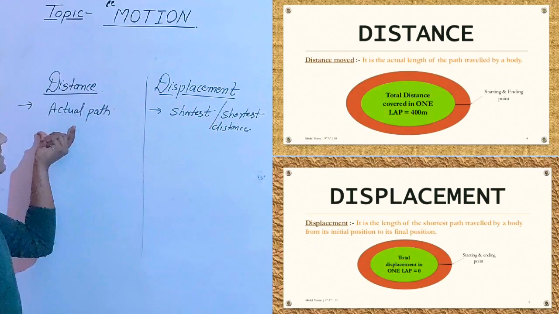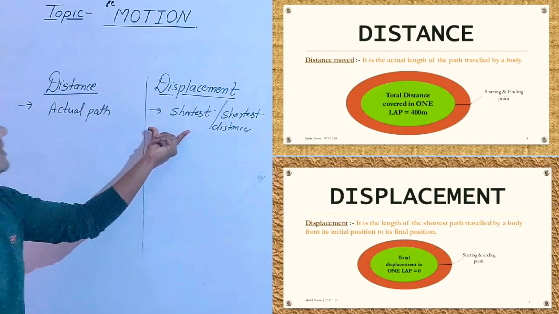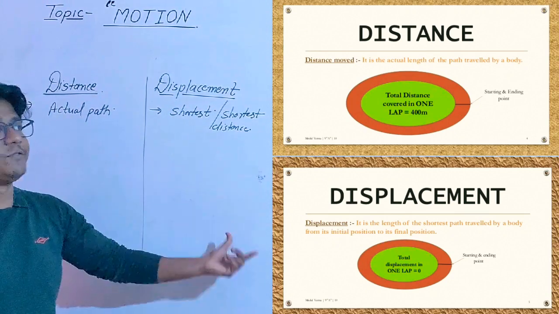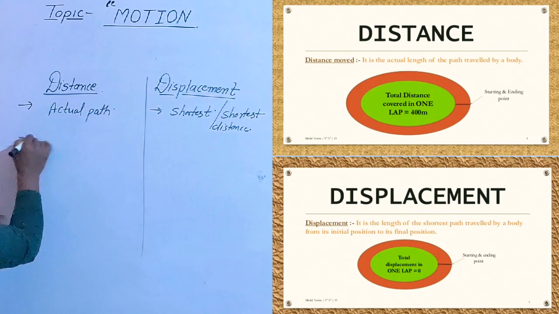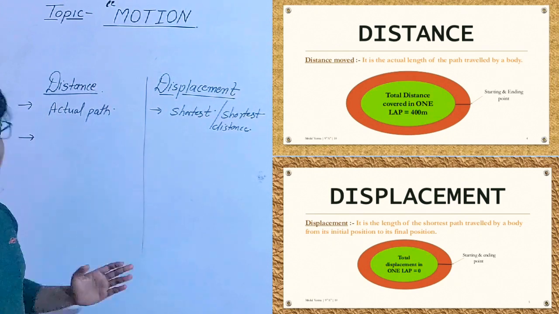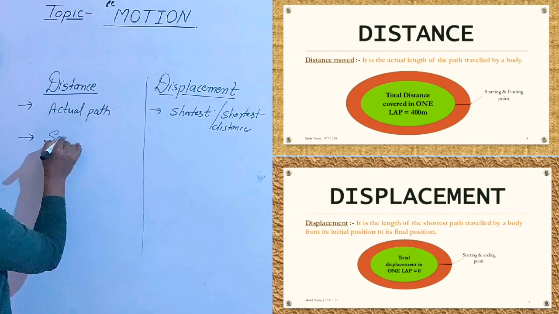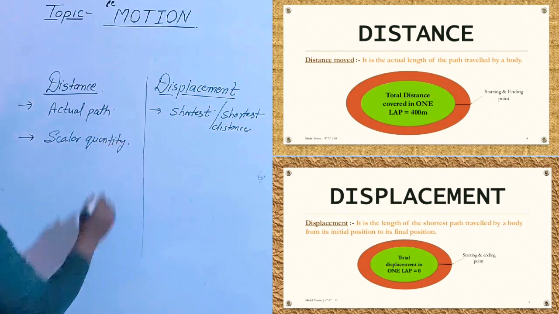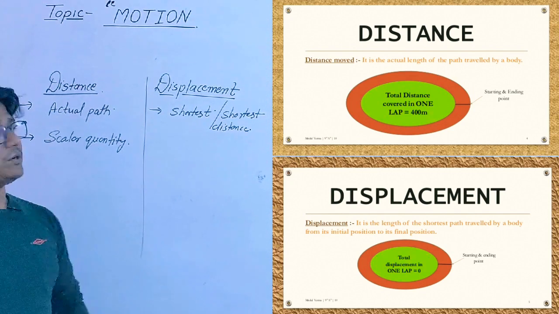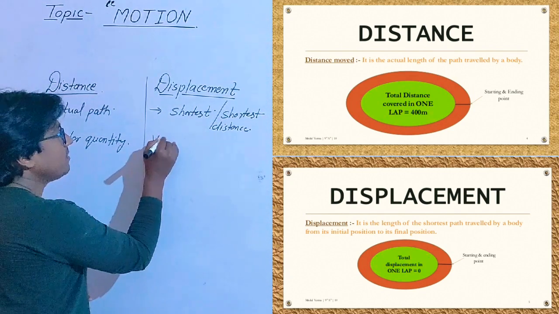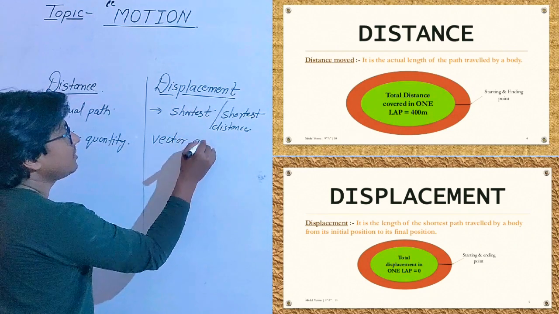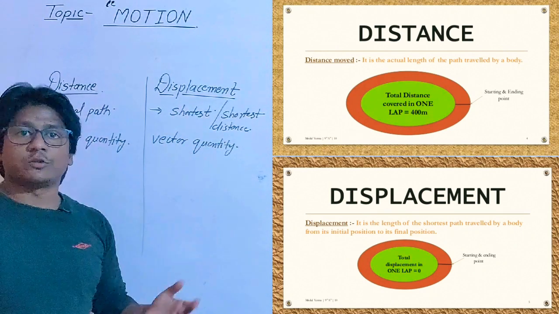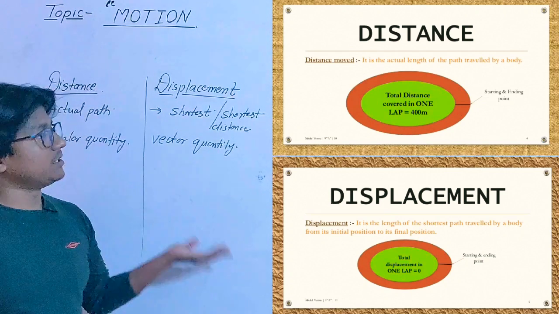Second point is, distance is a scalar quantity because it has only magnitude, but displacement is a vector quantity because it has both magnitude and direction.